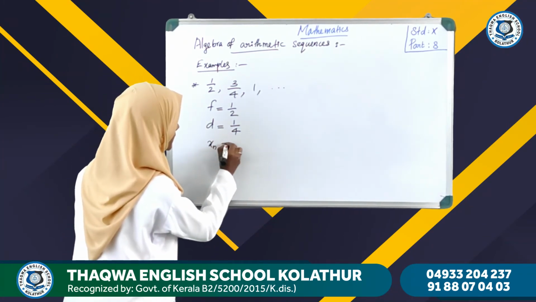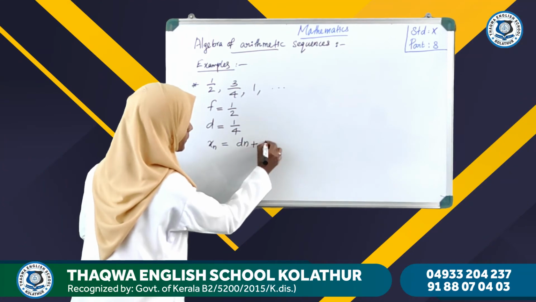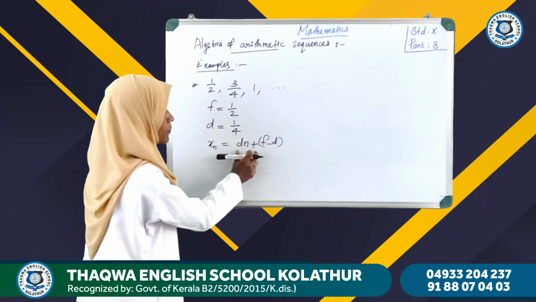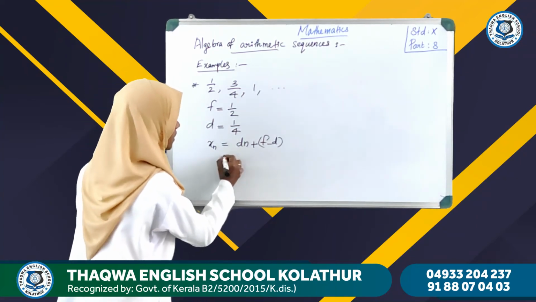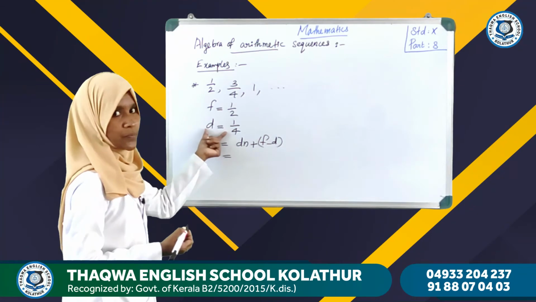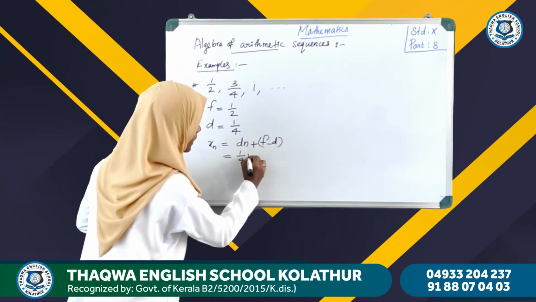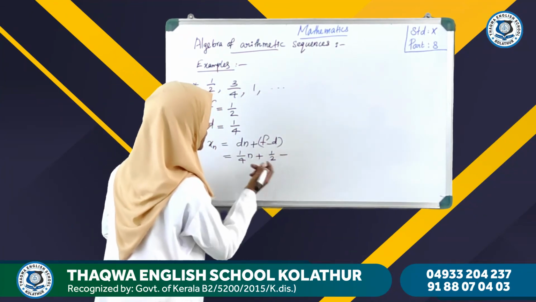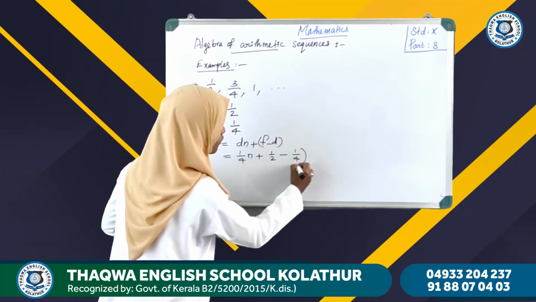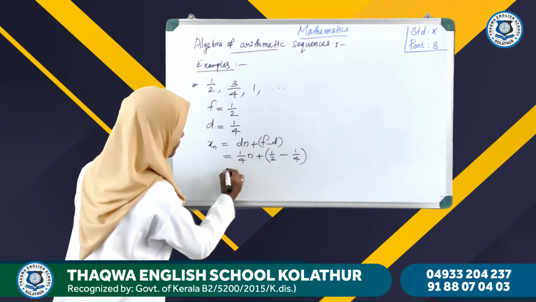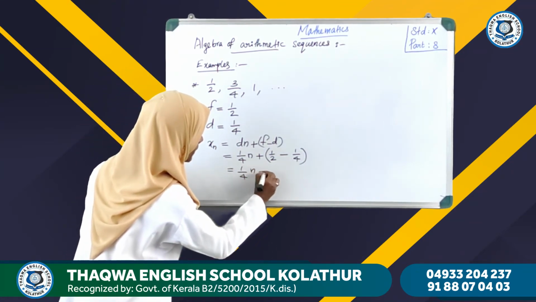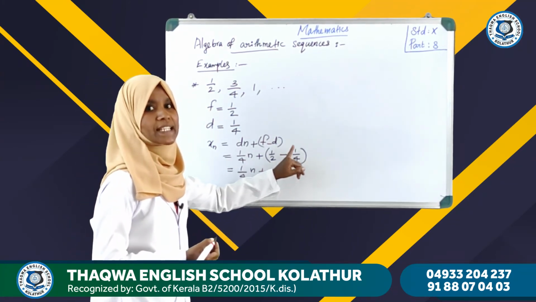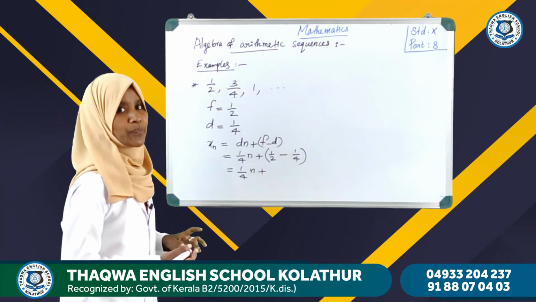Now the nth term is dn plus f minus d. What is d? 1 by 4 n plus first term 1 by 2 minus 1 by 4. That is 1 by 4 n plus half minus 1 by 4. Half minus 1 by 4, what's the value?